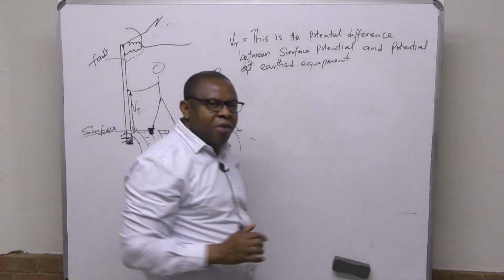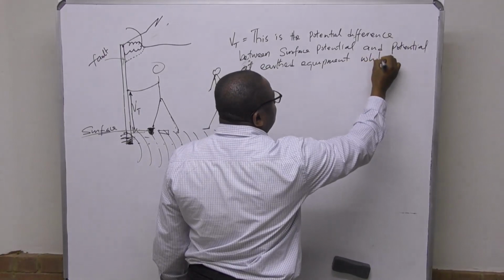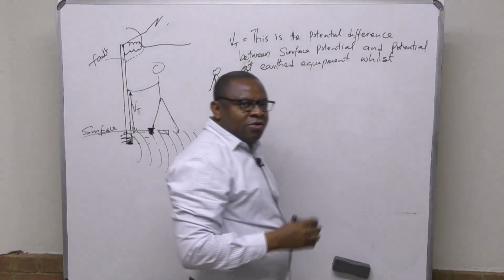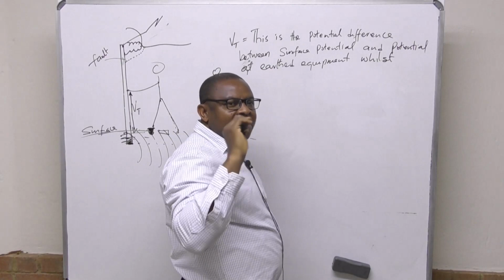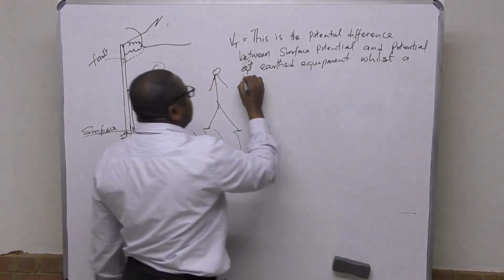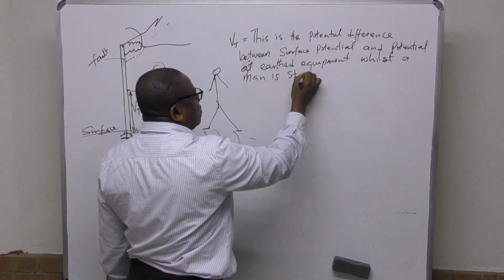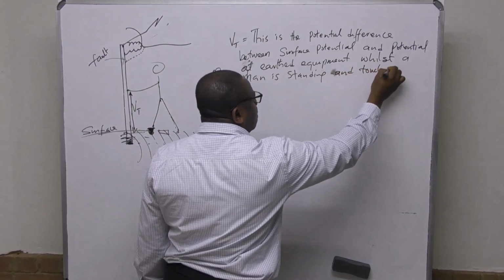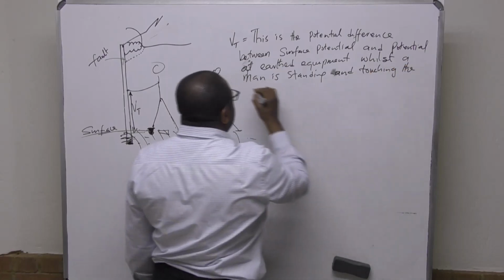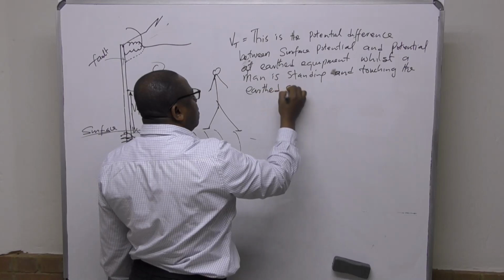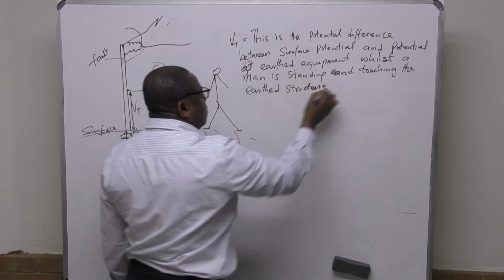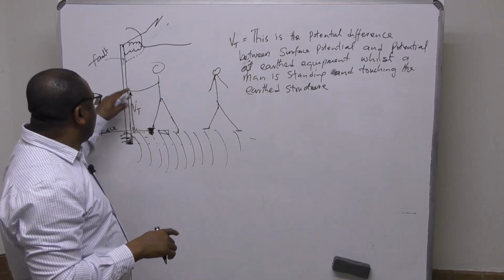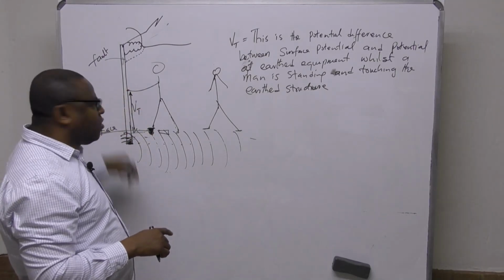So at earth equipment, while a man is standing and touching the earth structure, the potential difference between this surface where the man is standing and where the man is touching. So that is touch voltage.